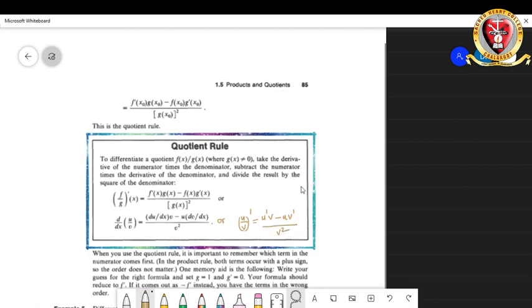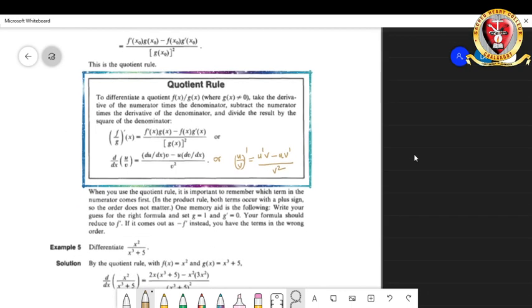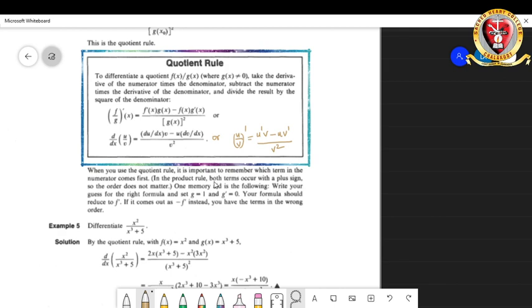So this is the quotient rule, which is also very important and you have to keep in mind whenever you are dealing with quotients and differentiation.